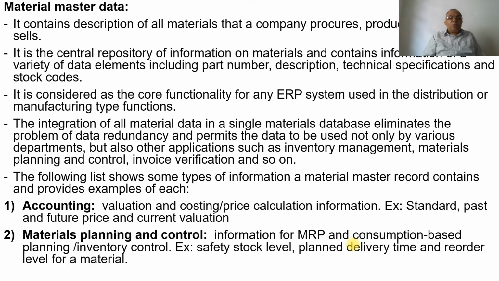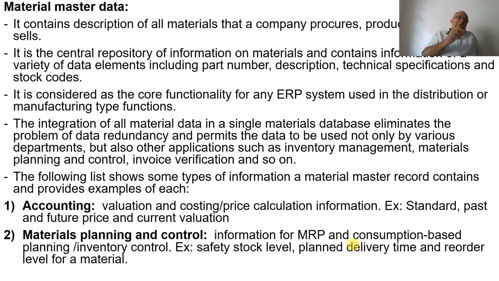It is the central repository of information on materials and contains a variety of data elements, including part number, description, technical specifications, and stock orders. So the part number, definitely, you are going to have a number according to the requirement of the assembly.